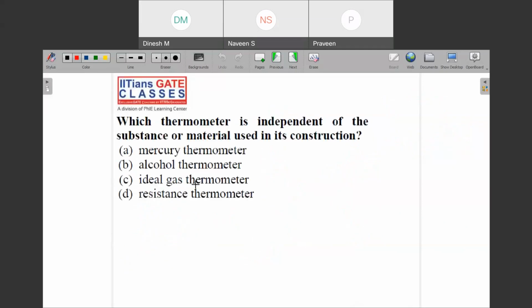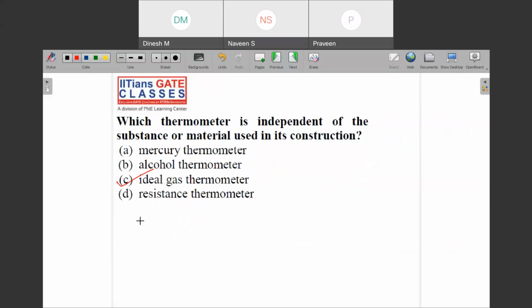It says, which thermometer is independent of the material of construction? Tell me which one. Ideal gas, right? Ideal gas thermometer. I told you how it became the ideal gas thermometer. Why not others?